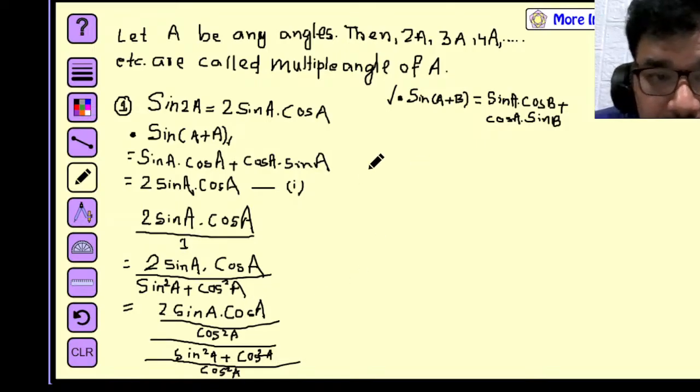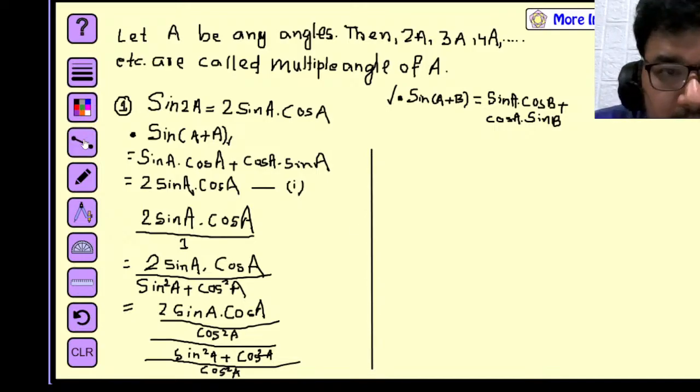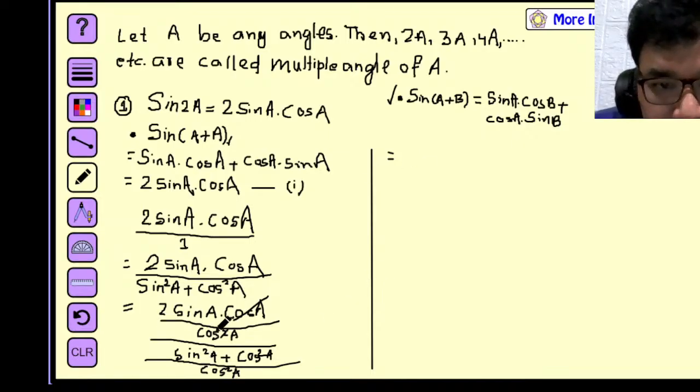See, one cos A cancels, and here remains 2 sine A by cos A. That means we can write 2 tan A. 2 tan A came there.